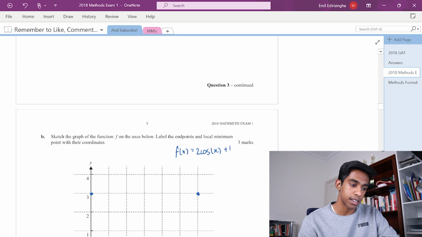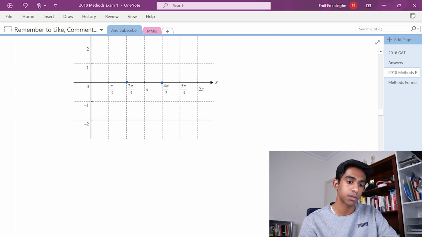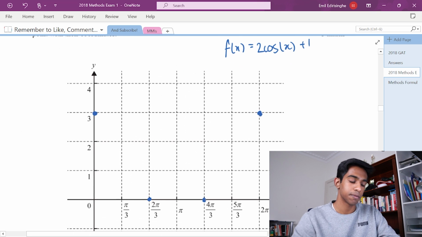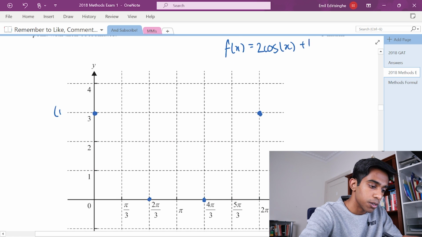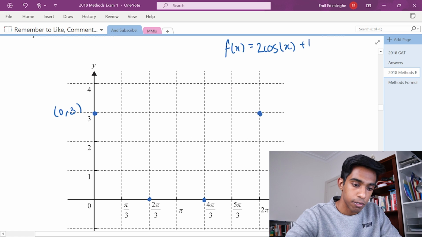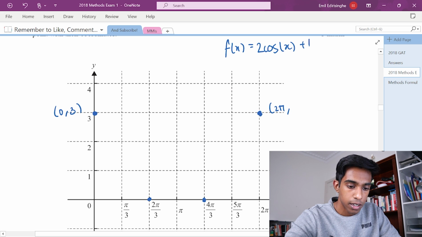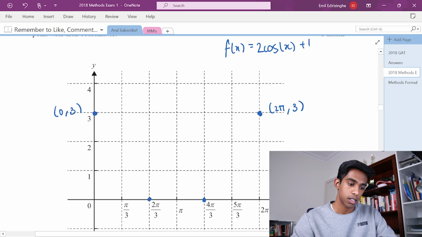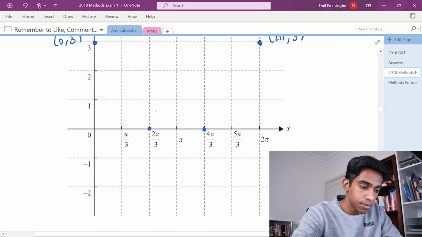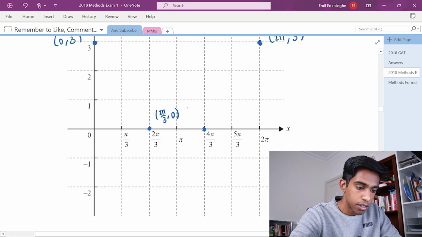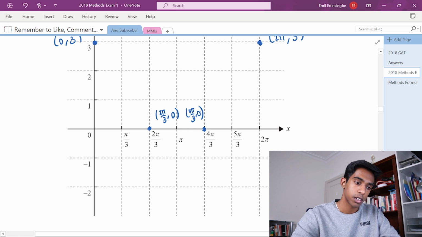And we've got to remember that they ask us to label them. So I'm going to write these down. So we've got 0 and 3. And then we've got 2 pi and 3. And then we've got 2 pi on 3, 0, and 4 pi on 3, 0.